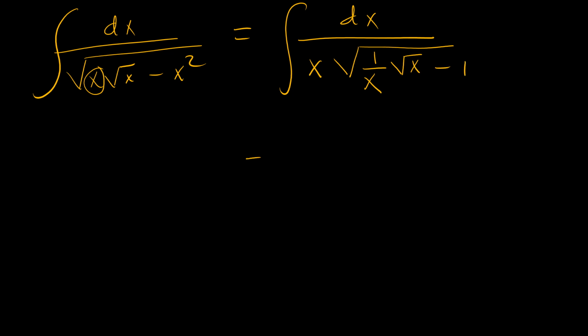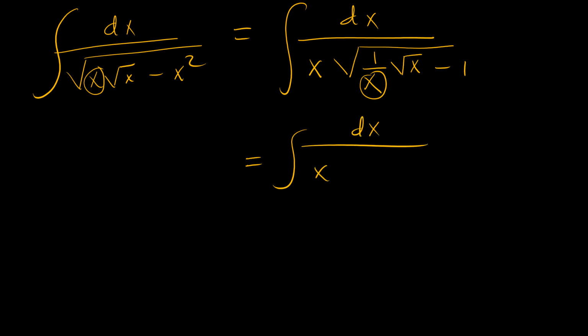Now I can pull this guy up, so we have a square root of x. Maybe not that fast, so let's go into the details of what needs to happen.